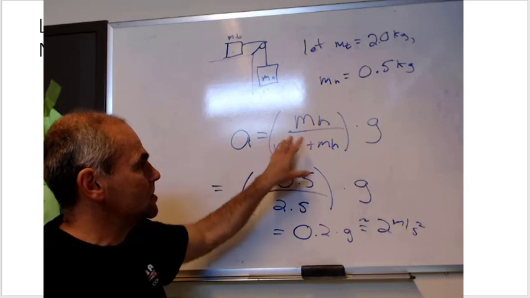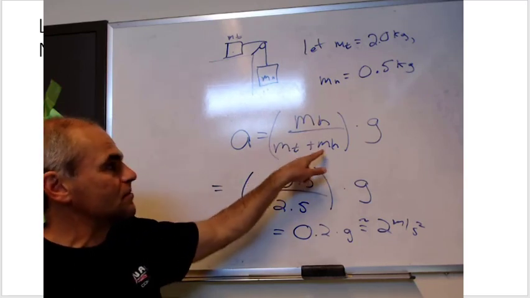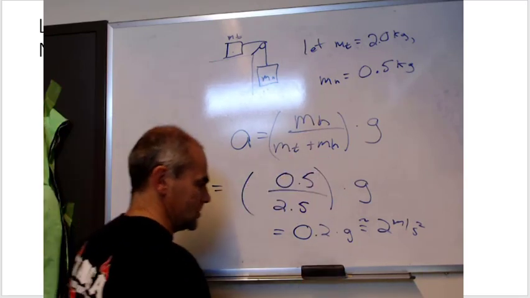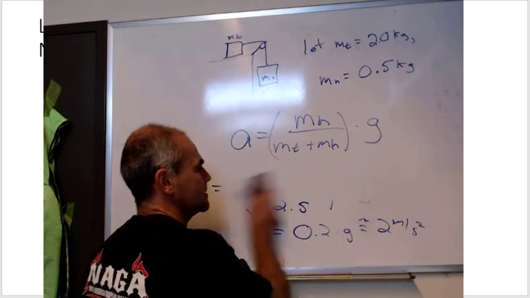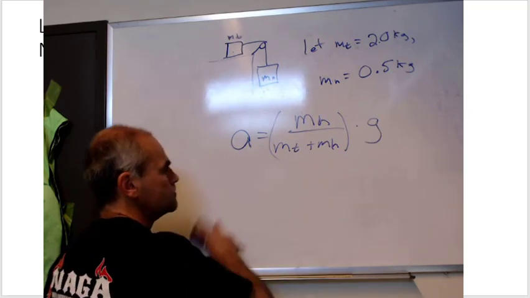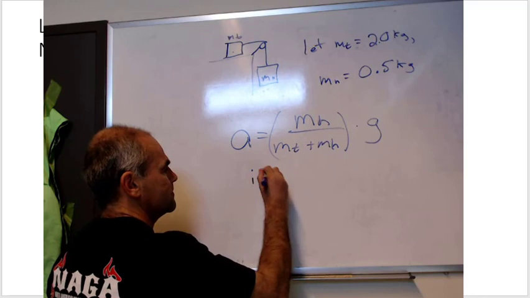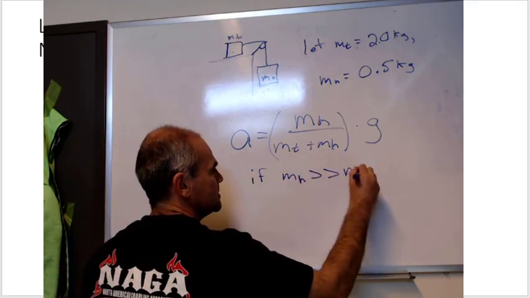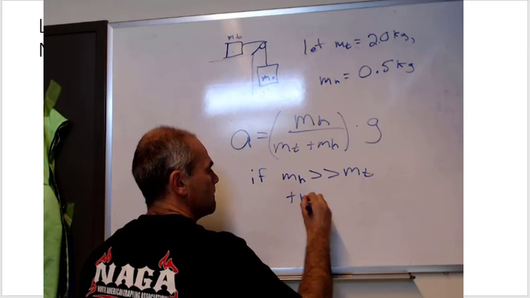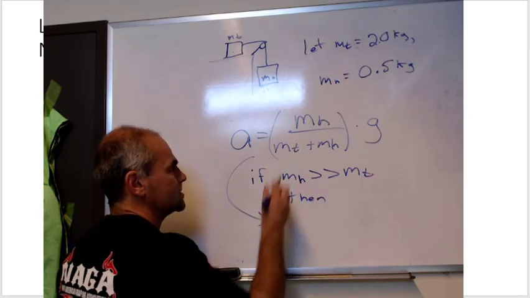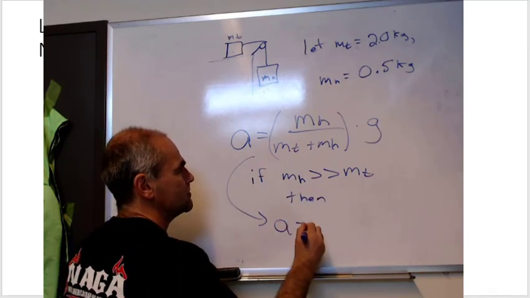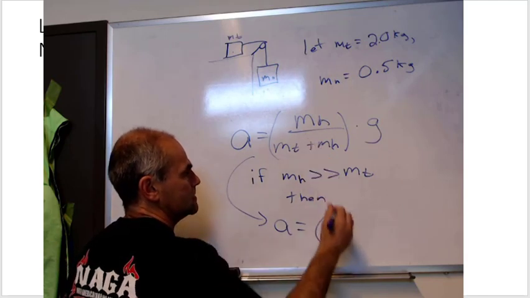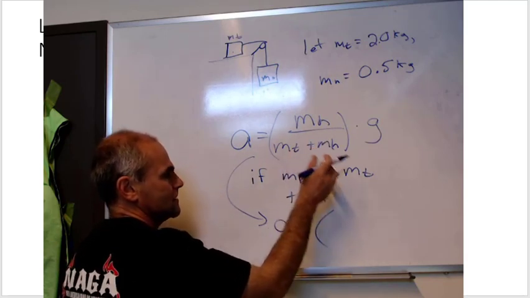Well, this ratio here, if this is a small number plus a really big number, this is going to look approximately like, so if mh is much, much larger than mt, then what you have up here is going to start looking like acceleration is equal to, well, this approaches mh.